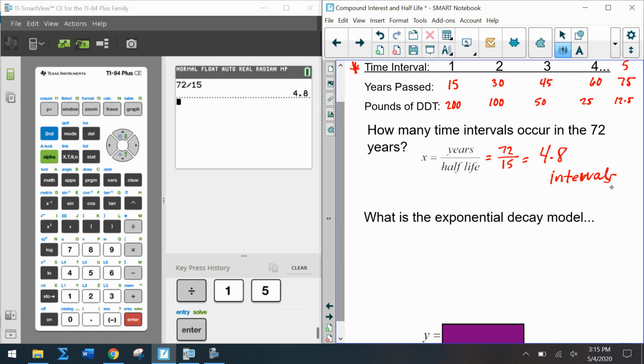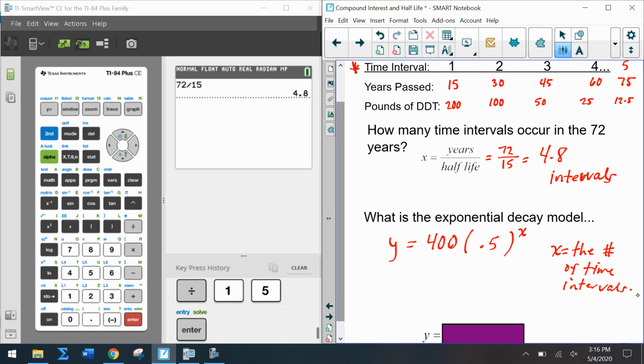Now the exponential decay model we're going to come up with: y equals, we initially started with 400 pounds, but we're taking half of it, so our multiplier is 0.5, or 1/2, to the x, where x equals the number of time intervals.